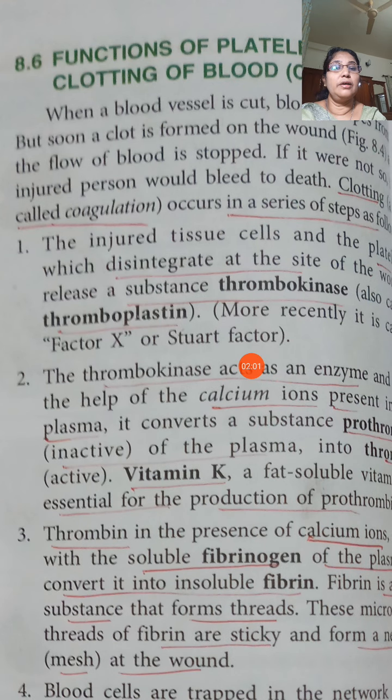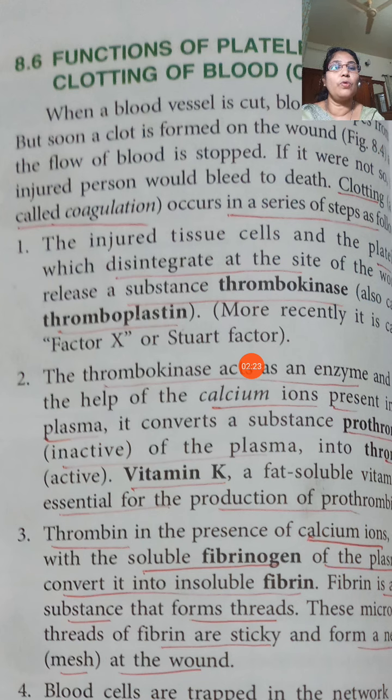Firstly, we learned that it produces an enzyme-like substance known as thrombokinase. It acts like an enzyme, so it has the name kinase. That name resembles the name of an enzyme.